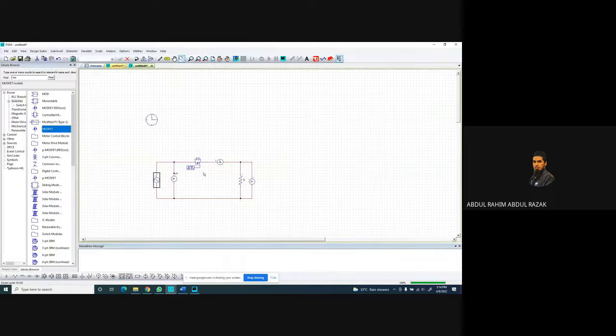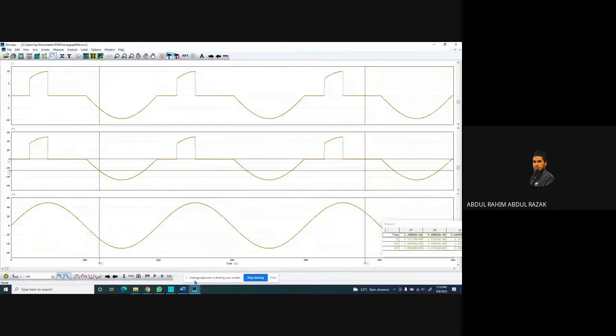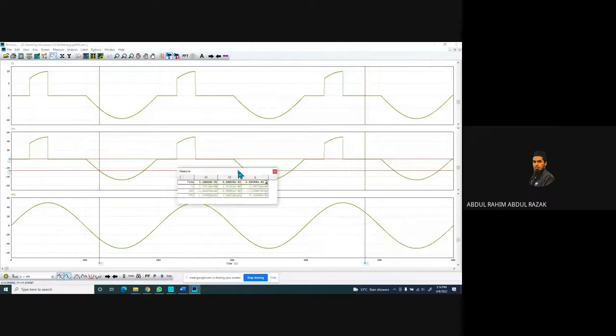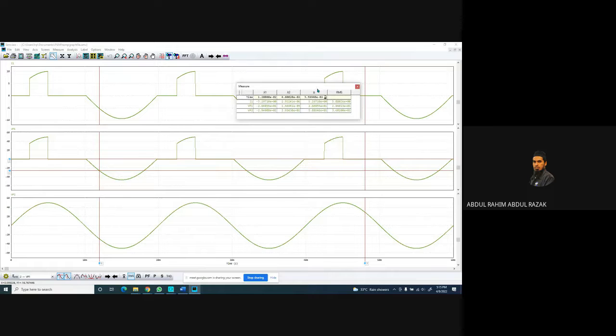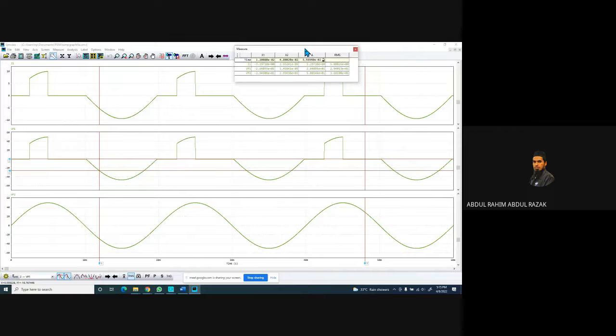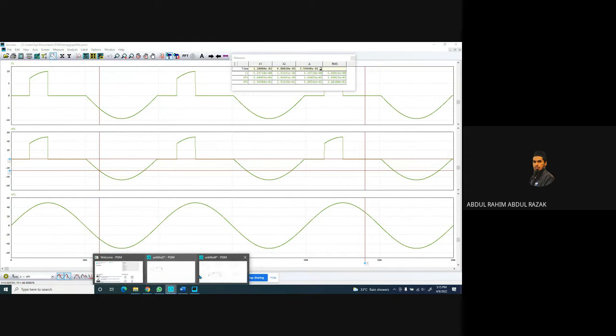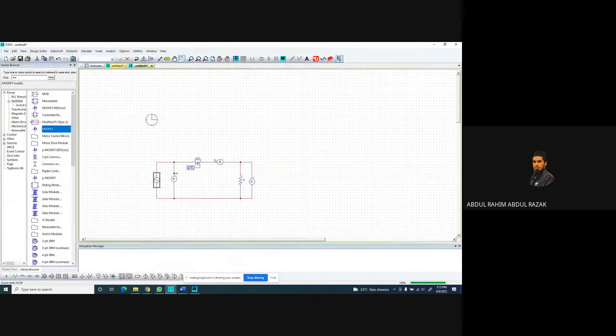You are delivering how much voltage, RMS or peak, to the system or to the load. So you just mention that you are supplying 50 hertz, 50 volt sine wave to the load of 5 ohm. When you trigger, you have to put the triggering signal over there. When you trigger at a certain point, the current is switched on, and when the triggering signal is taken out, the current is switched off.